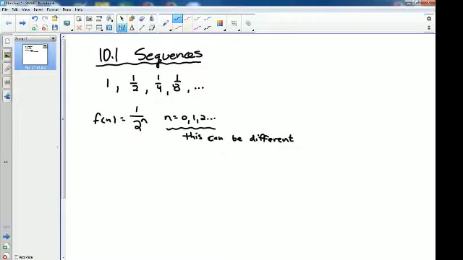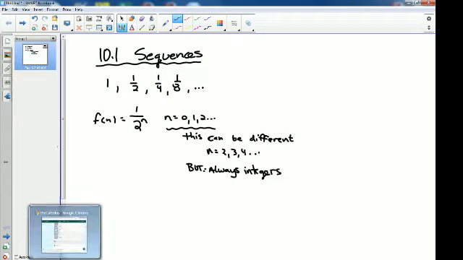We could say n equals 2, 3, 4. You can define it anywhere it starts, but the n values are always integers.